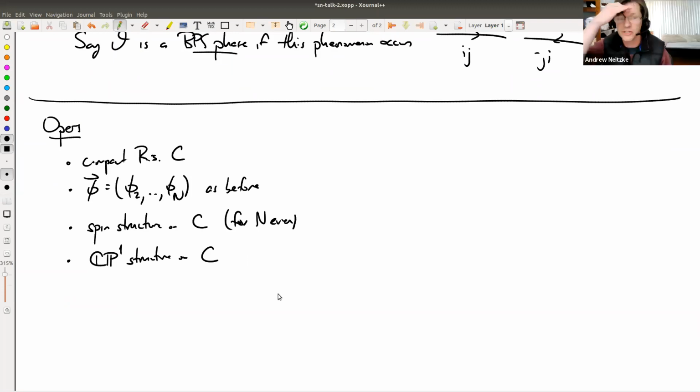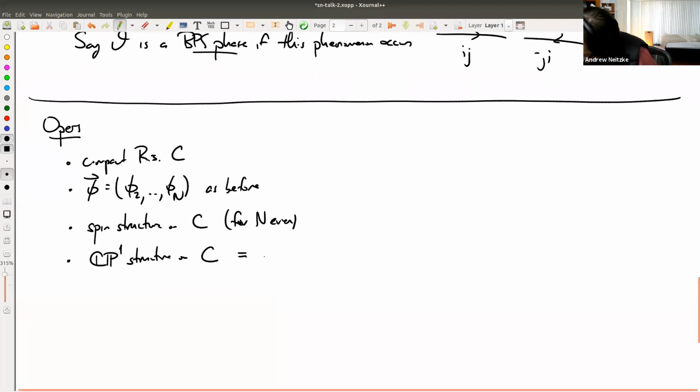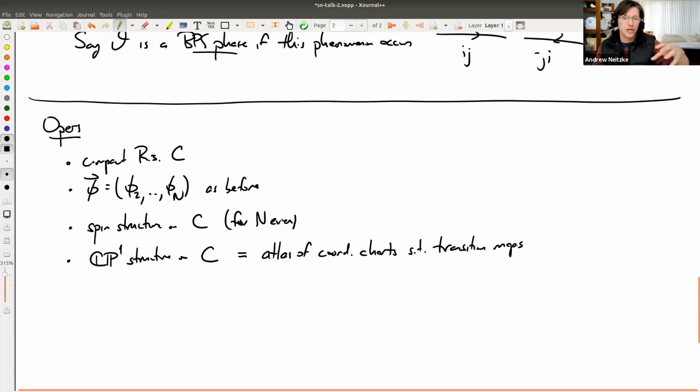Yeah, there are many equivalent definitions, but one definition is an atlas of coordinate charts, just local coordinate charts on C, such that the transition maps are Mobius transformations. The coordinate chart identifies a patch of C with a little patch in the complex plane, and rather than being arbitrary, the transition maps are all restrictions of Mobius transformations.